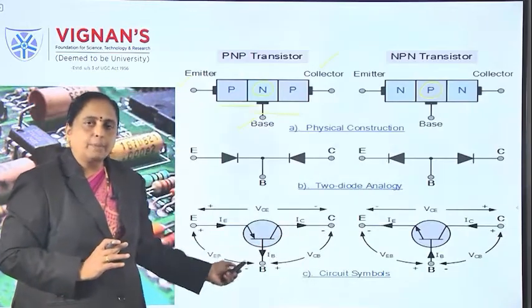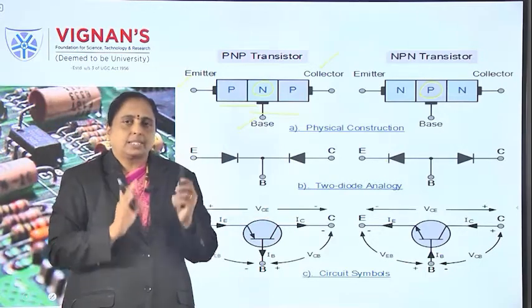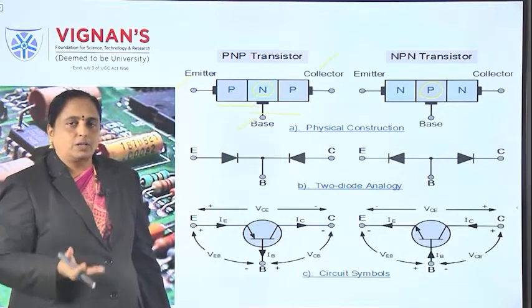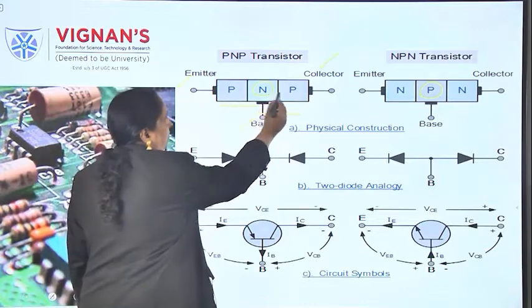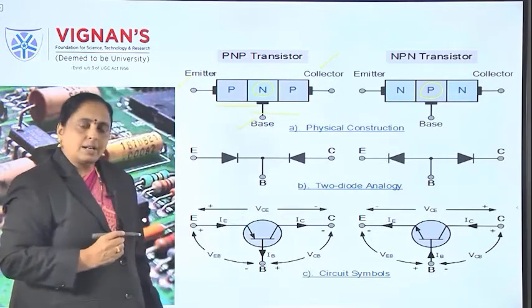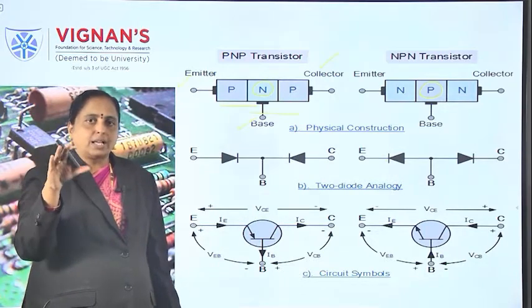Symbols of PNP and NPN transistor. So what does the symbol indicate? The symbol indicates the exact operation of either PNP or NPN transistor. For example, in case of a PNP transistor, this arrowhead indicates the conventional current direction. That is how the majority charge carriers are starting.